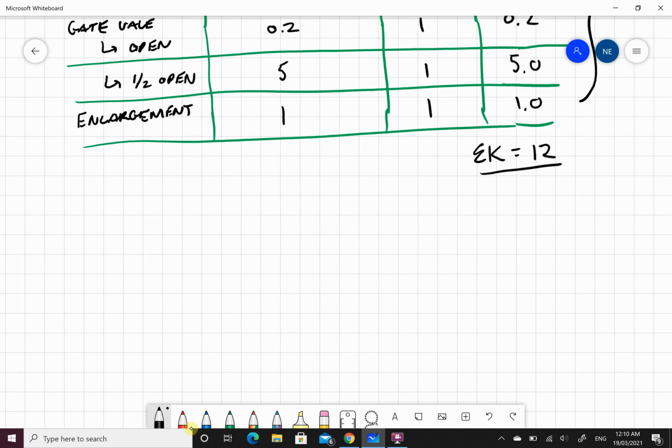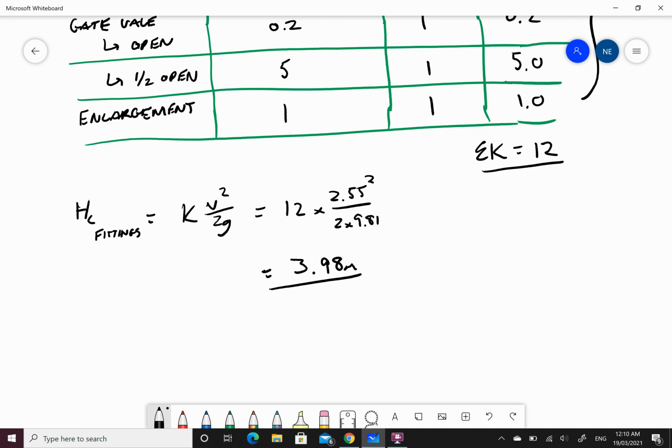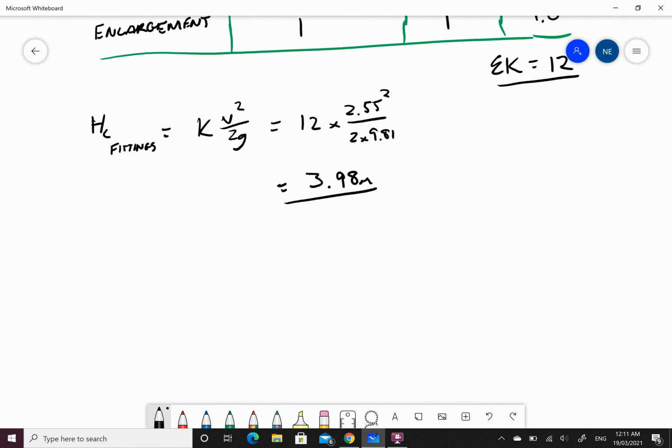So my head loss due to fittings is equal to K V squared on 2g. K is 12, V is still the same, all over 2g. What we get here is 3.98 meters. So now we're going to find our total head loss, or system head loss.